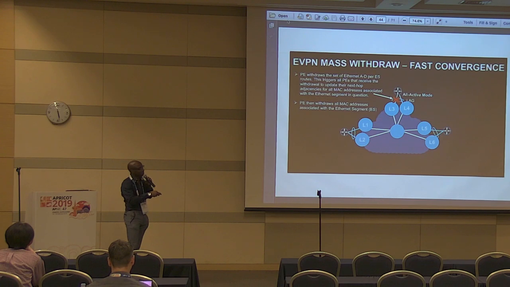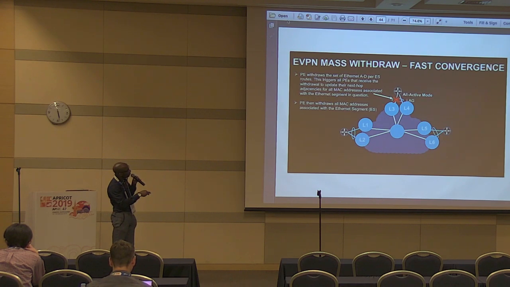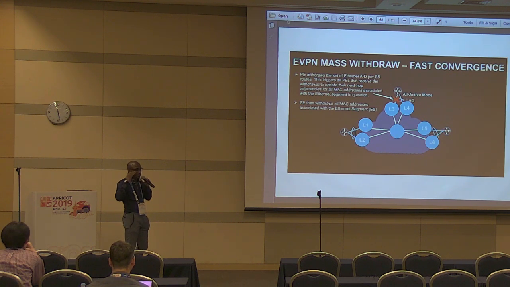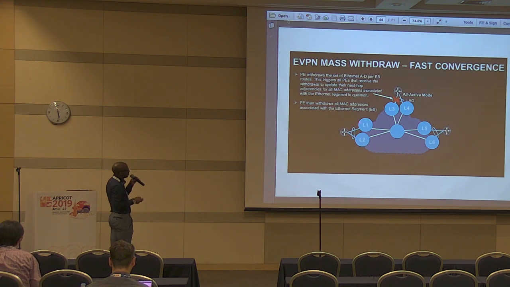If leaf 3 loses this attachment circuit, you don't want to withdraw all the 1,000 MAC addresses immediately, because obviously it's going to take time and affect convergence.